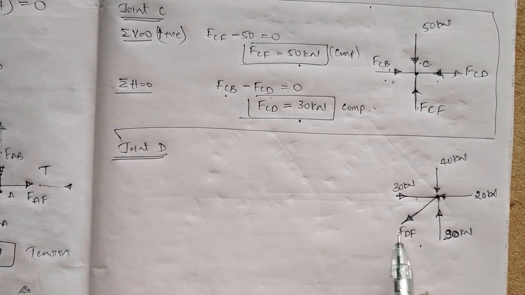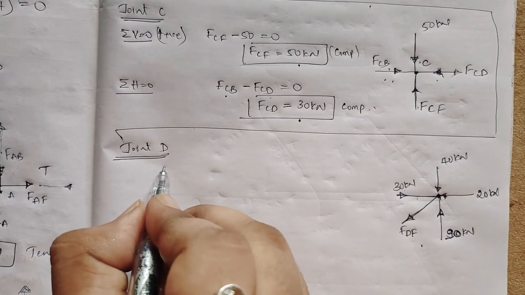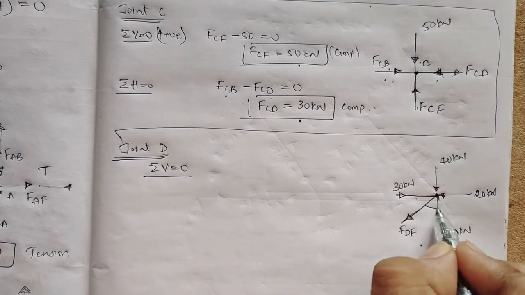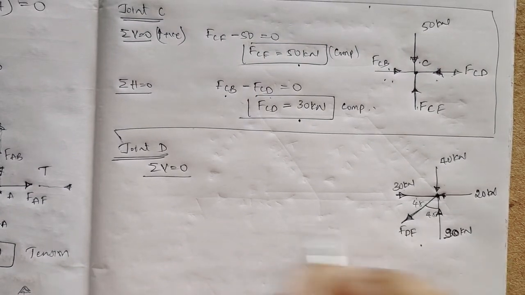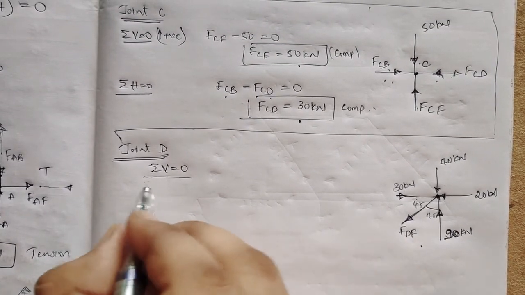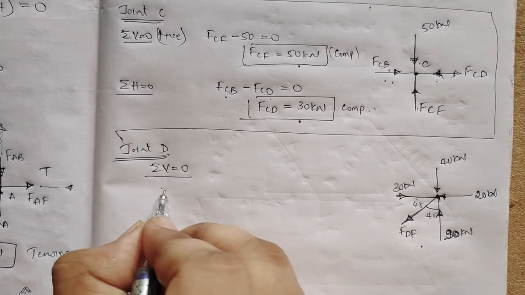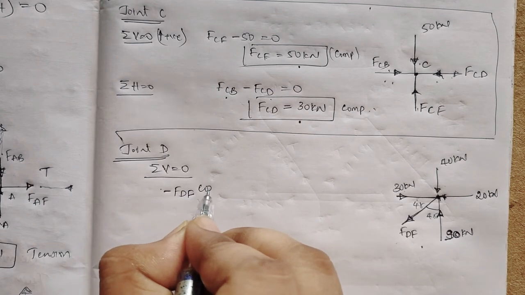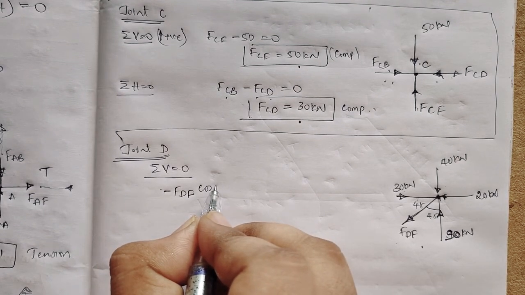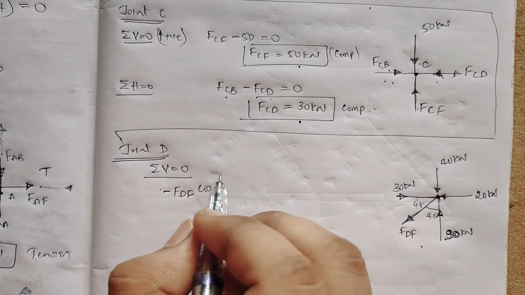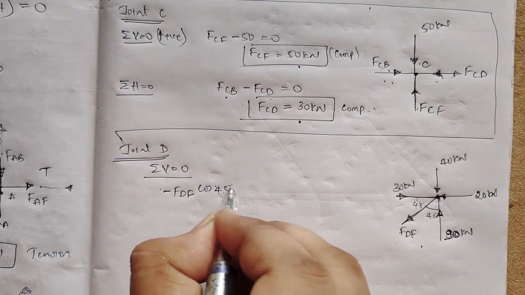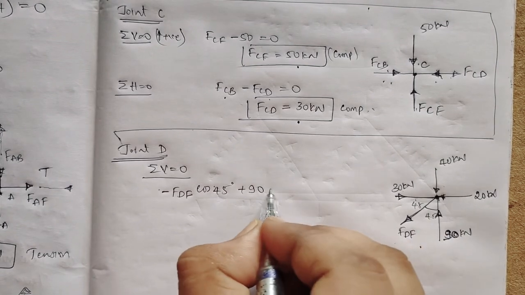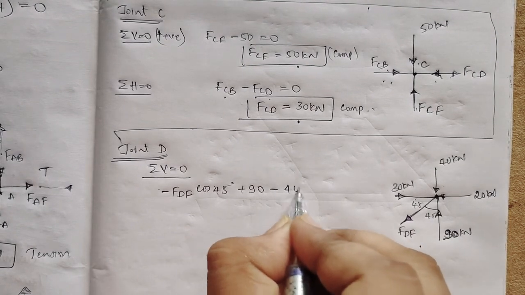So three forces are known, only one force is unknown. By taking summation of vertical force equal to 0, I may get the answer. It is 45, it is also 45. So it is going downwards, that is FDF cos 45 degree, plus 90 going upwards, minus 40 is equal to 0.